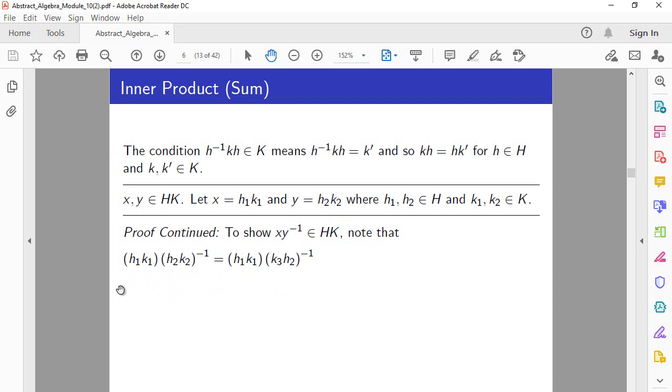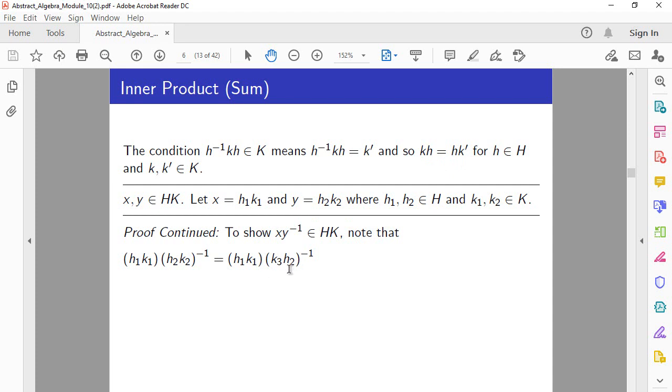Notice that if I have something like HK prime, then I can bring H to the right side as long as I am okay with having another element of K. So HK prime is the same as, I'm using this from right to left, another element K in K times H. So H doesn't change here, it's just the K prime changes to K. If I apply that to H2K2, then I can write H2K2 as some element K3 times H2, where K3 is in K. So H2K2 is being written in this way, by using this equation from right to left.